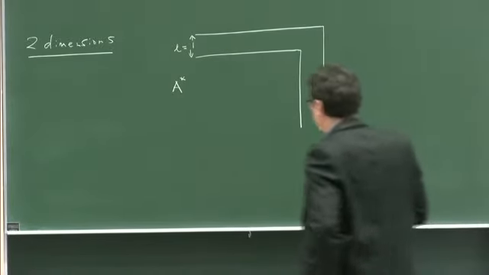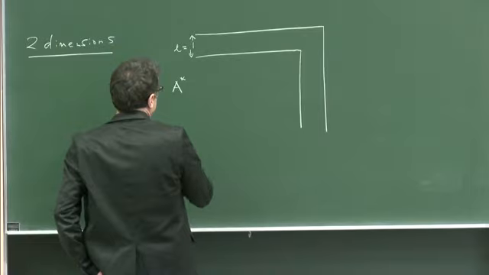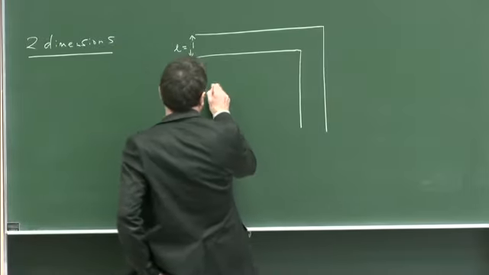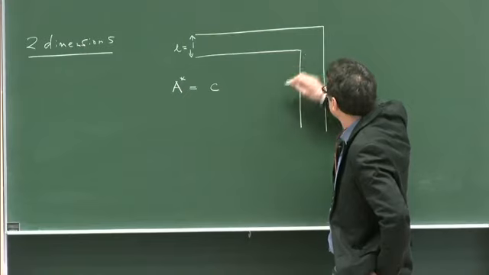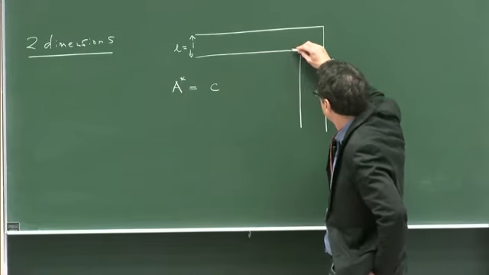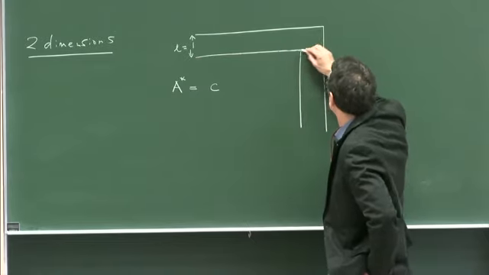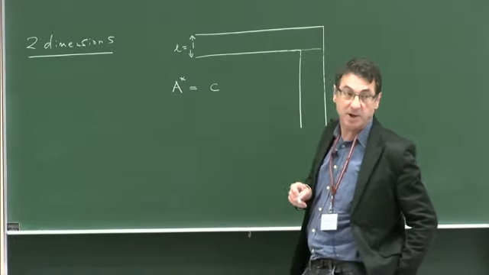So this area, A star, is some constant times, well, it's pretty obvious you can make a semicircular disk, which has the radius equal to this length here, which has area pi over 2.